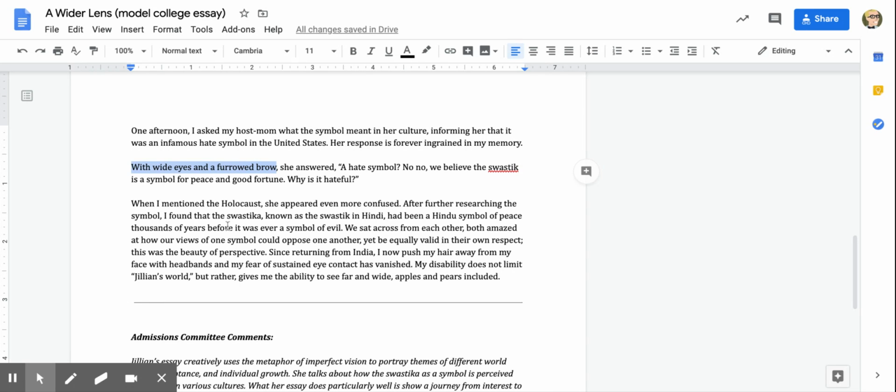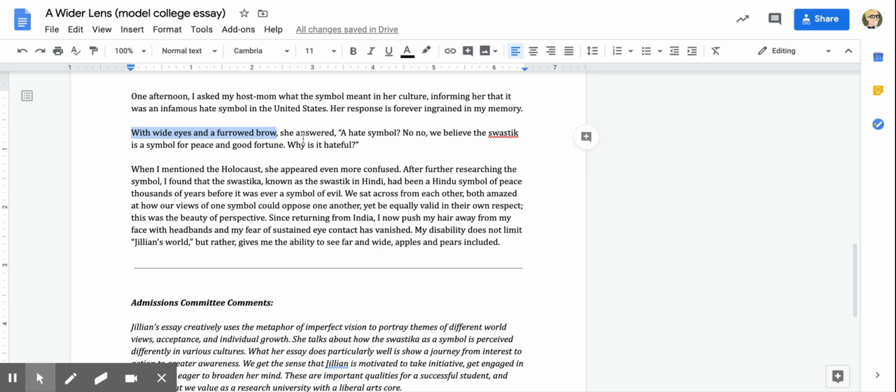So she goes into this conversation, and I'd say that the host mother's confusion here kind of mirrors Jillian's own confusion. Both of them are confused because there's this symbol, and they both have these different associations with it, which is part of the point too. And she's using this conversation to kind of set up her main point, which comes right here. This is where it begins.